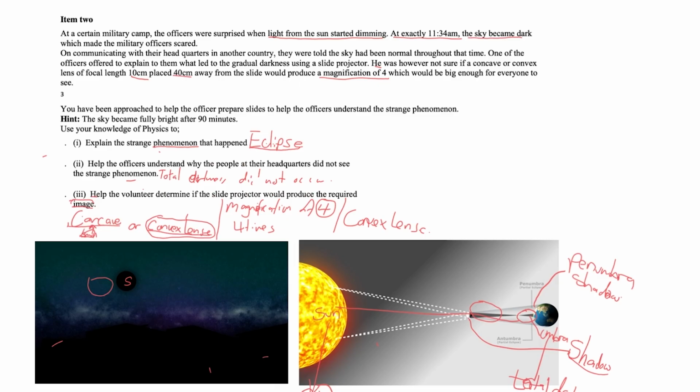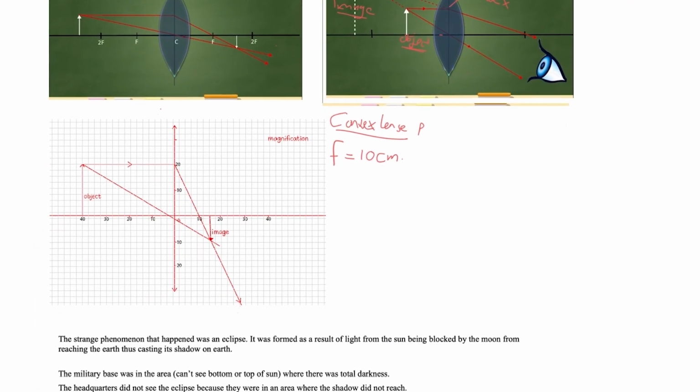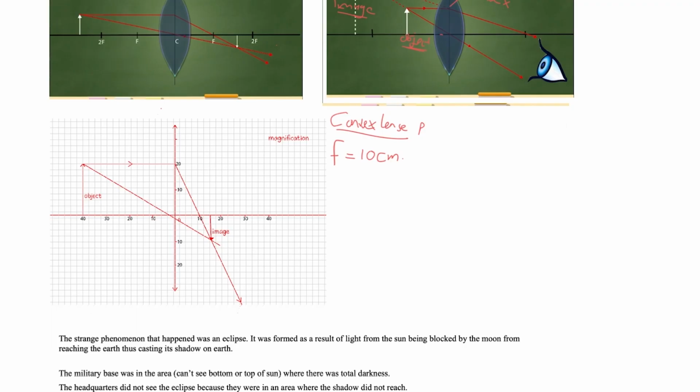Okay, placed 40 centimeters away from the what? The slide, meaning that the 40 centimeters is going to be our object distance from the lens. Now in light, we say this is U, which is 40 centimeters.